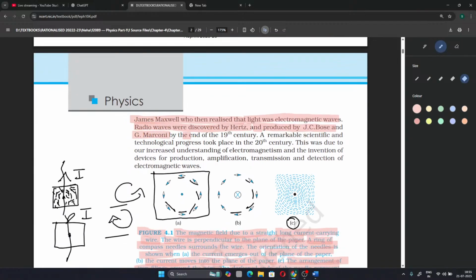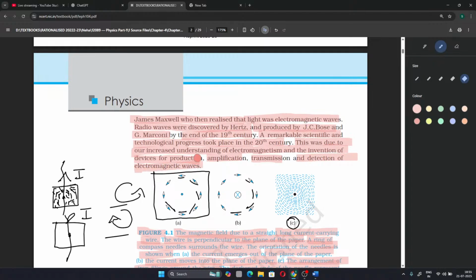By the end of the 19th century, a remarkable scientific and technological progress took place in the 20th century. This was due to our increased understanding of electromagnetism and the invention of devices for production, amplification, transmission, and detection of electromagnetic waves.